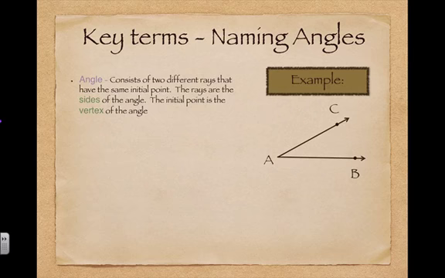Here we go. So we have this angle right here, and if we break down this definition, we see that it consists of two different rays that have the same initial point. So here we go. We have ray AC going in this direction here, and we have ray AB going in this direction here.